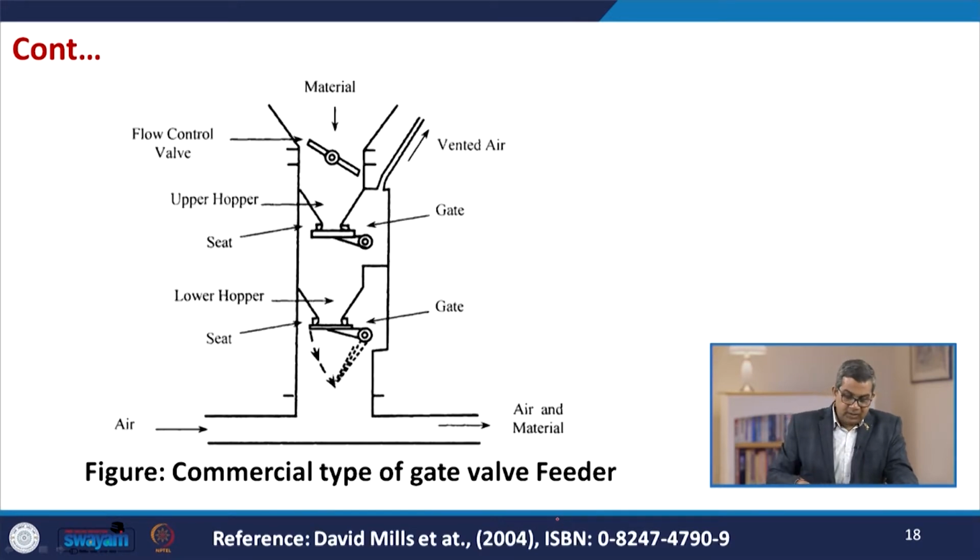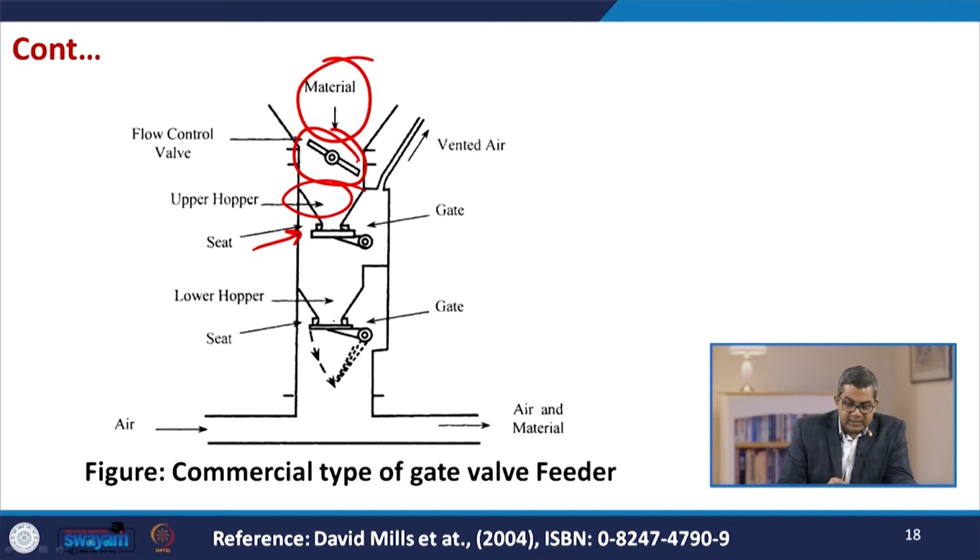Now here you see this is the commercial type of gate valve feeder. Here you are feeding the material. These are the flow control devices, and this is the hopper equipped with a seat, and here you see this is the gate.